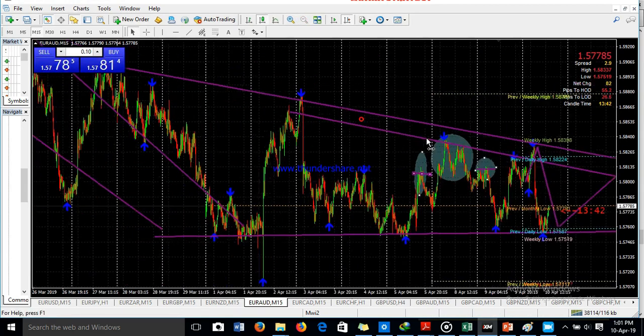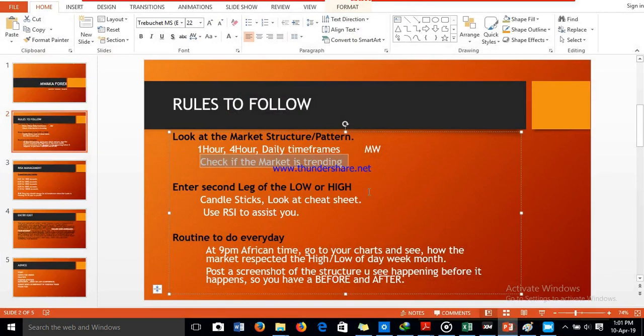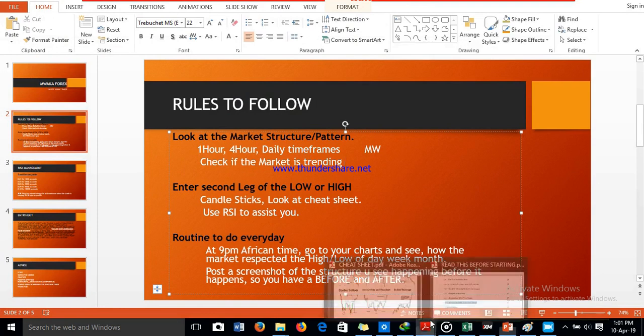You see this setup? I saw this setup yesterday. So I tell people what you need to do. Remember, the first thing is, look for what? A structure.